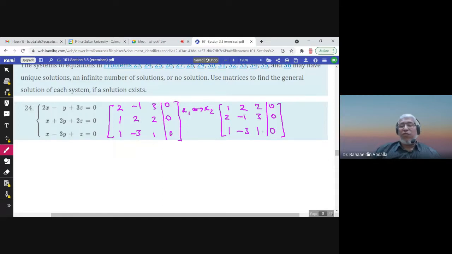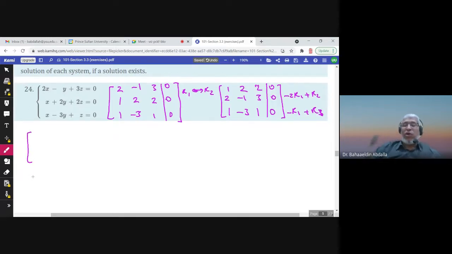Double checking that everything is fine. Now I use this one to make 2 and 1 zeros to finish working with the first column. This is usually our method. First column 1, 0, 0. It should be like this.